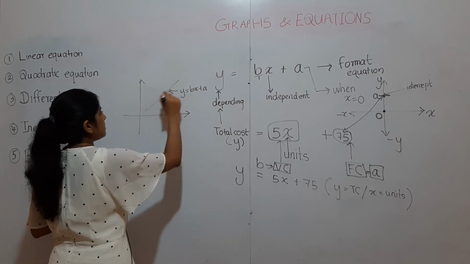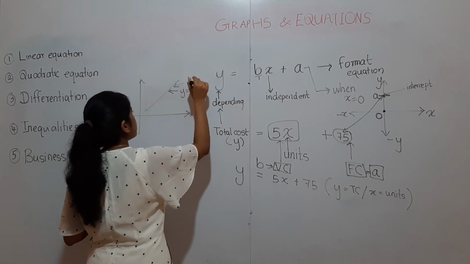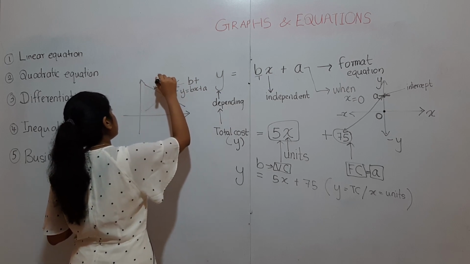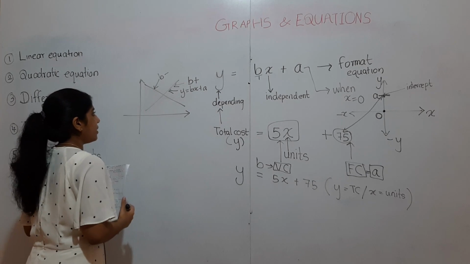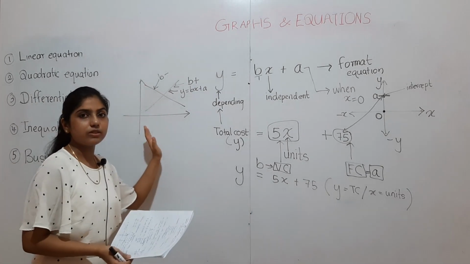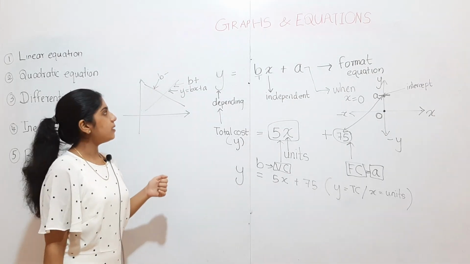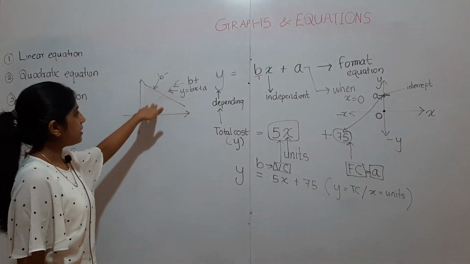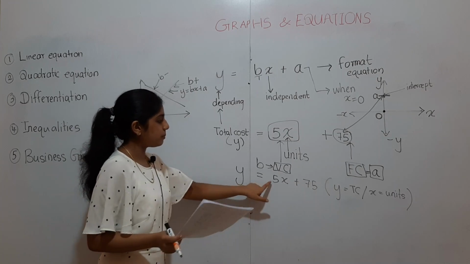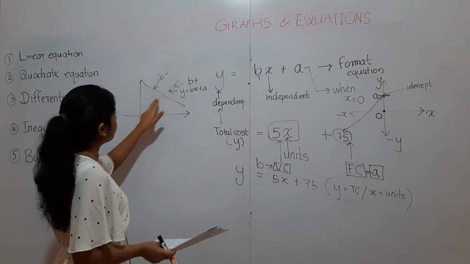So towards this side, the gradient is always positive. That means B is positive. But towards this side, B is negative. Make sure, I have taught this in the equation chapter, so you could refer to the videos there and get the idea. But just understand which side it has to go when you draw the line. So this is a positive figure where 5 is positive, so it has to go this way.